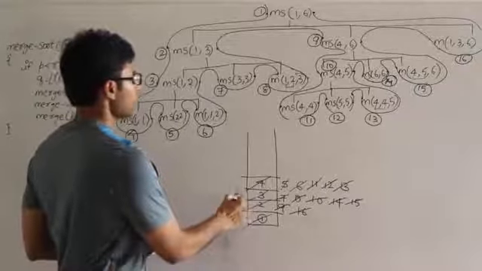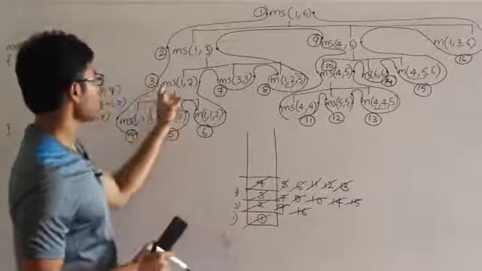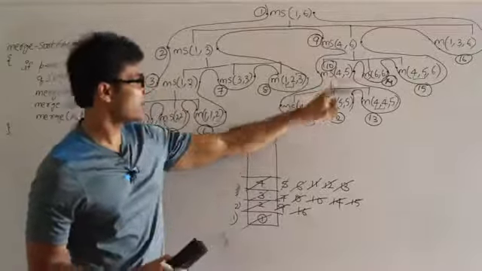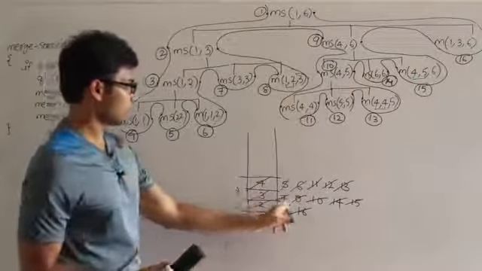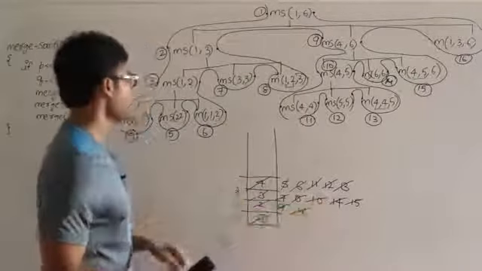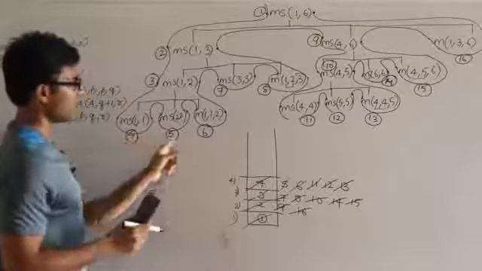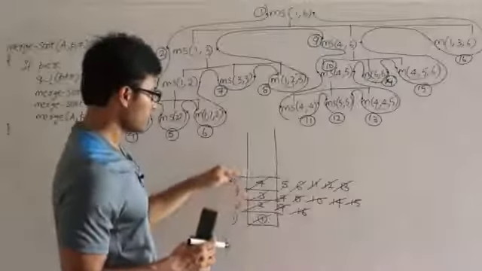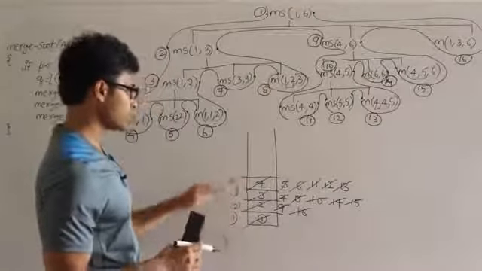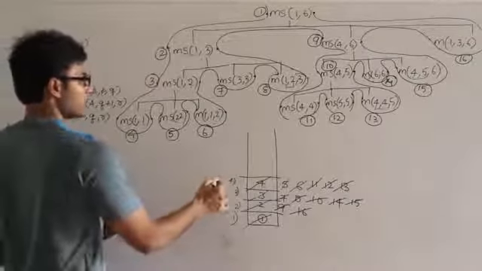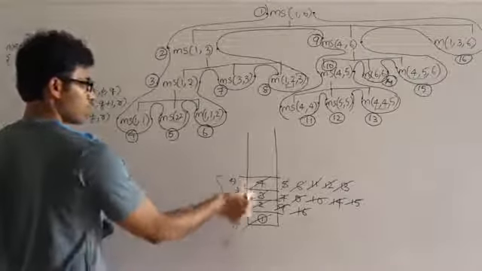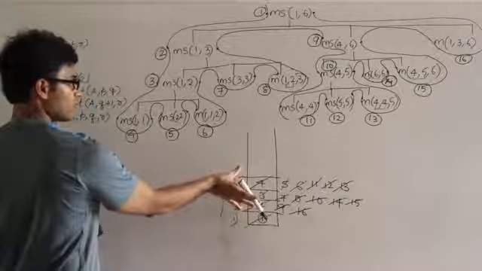And at level 3 how many function calls were there? 3, 7, 8, 10, 14, 15, right? And then at level 4 how many function calls were there? 4, 5, 6, 11, 12, 13. Therefore the total space required by this is, even though you had these many functions, all of them are occupying a maximum of 4 cells, right?